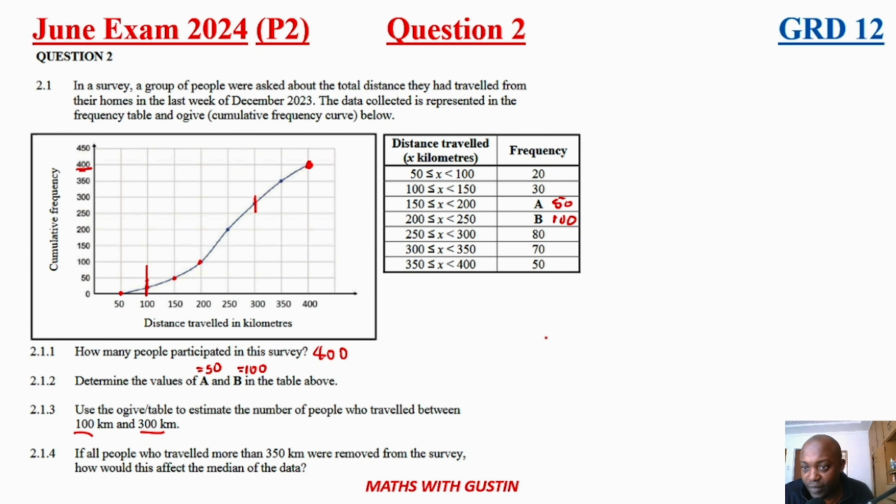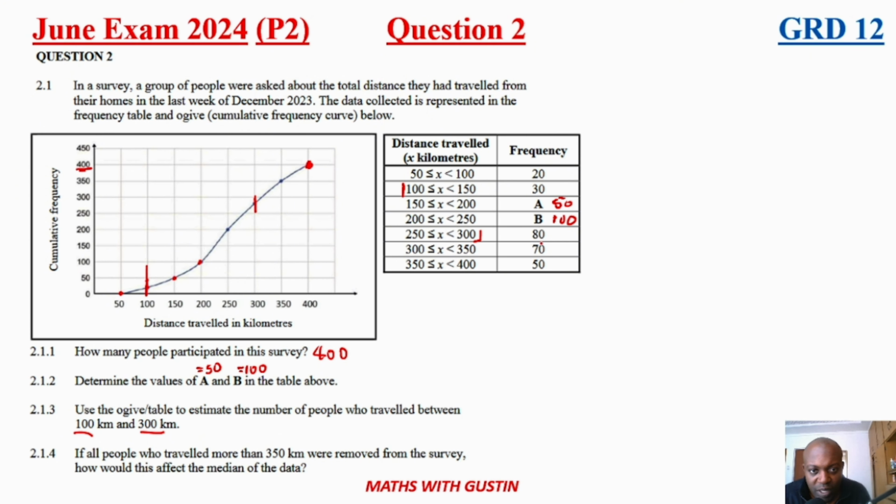They said use the ogive or the table. The simple one to use is the table. You come to where there's 100, which starts here, and then they said up until 300, so they are looking for these values that are there.